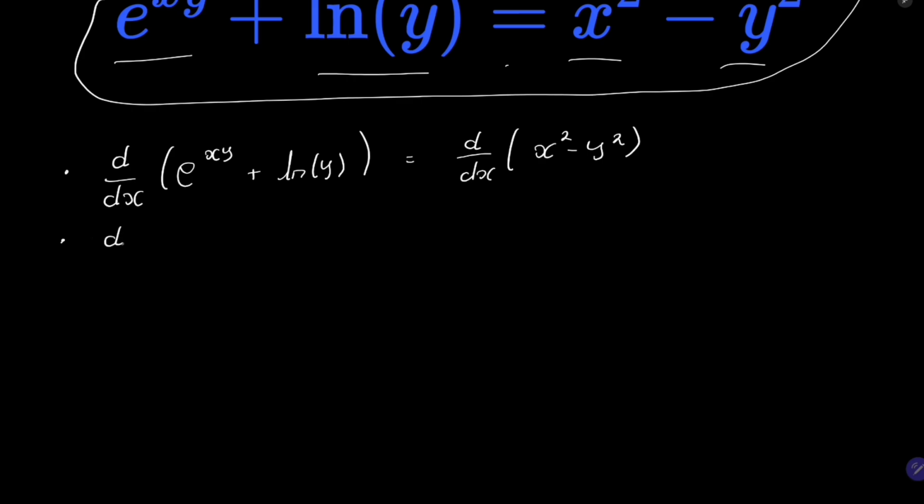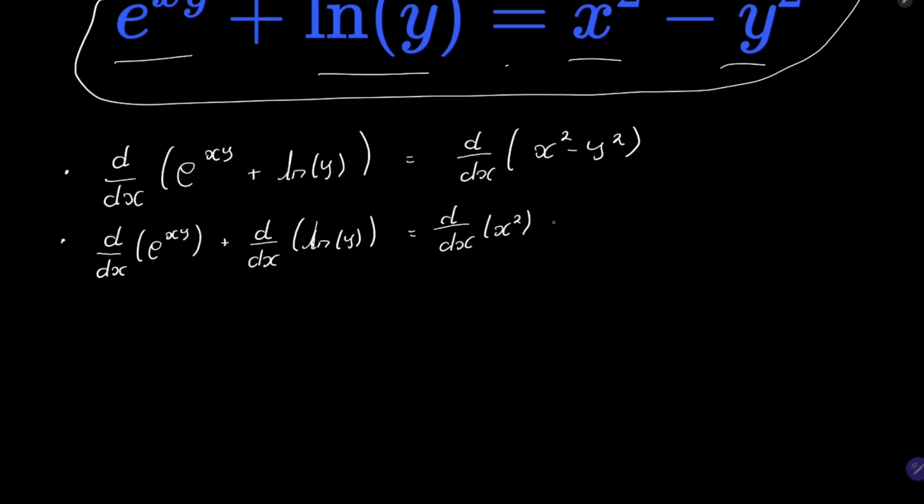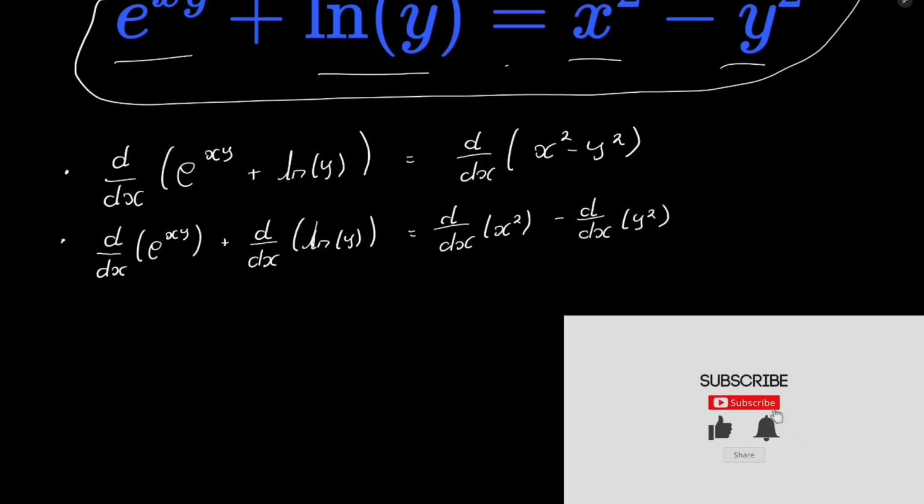This leaves us with d/dx of e to the xy plus d/dx of ln y equal to d/dx of x squared minus d/dx of y squared.